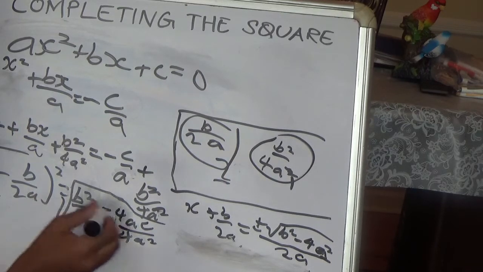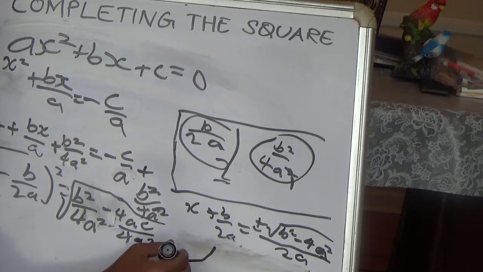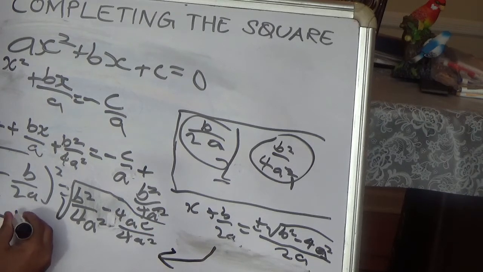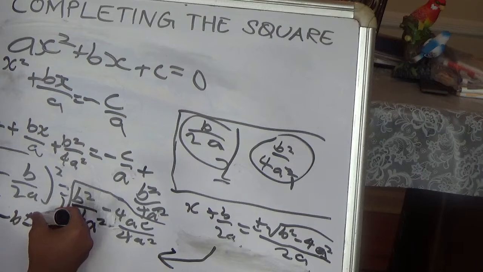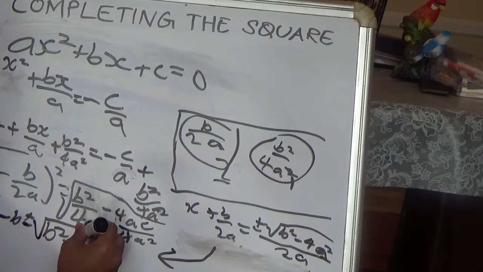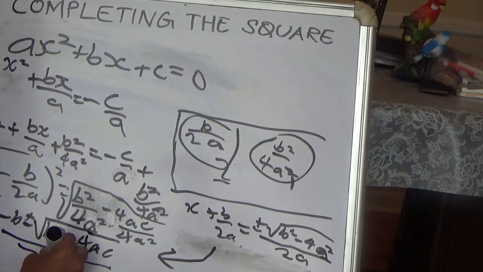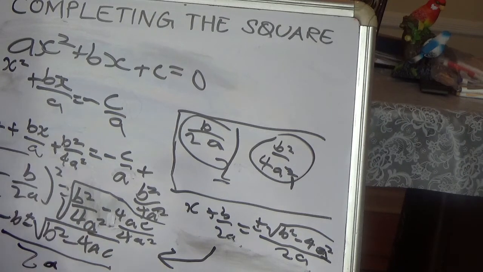X equals from there negative b plus or minus the square root b squared minus 4ac all over 2a. So I hope now you learned how completing the square works.